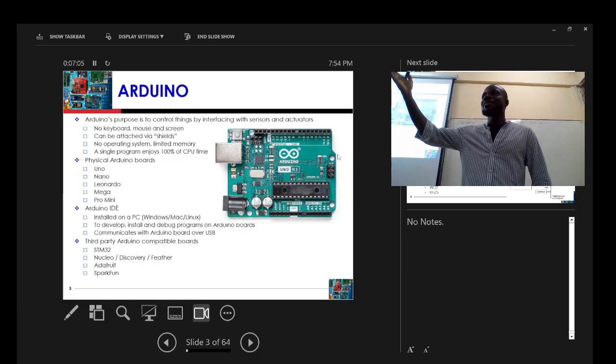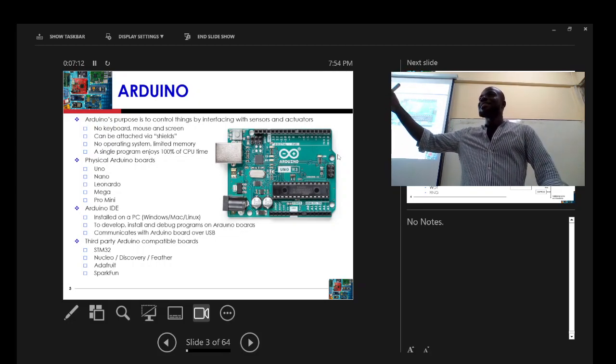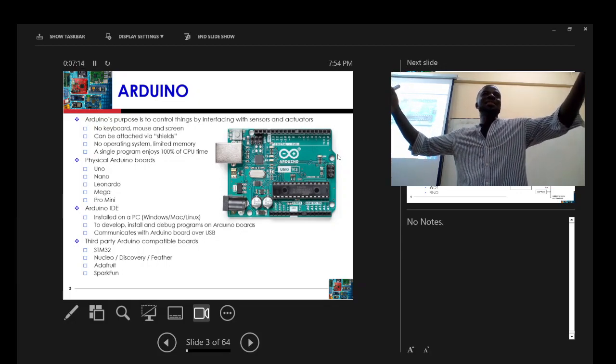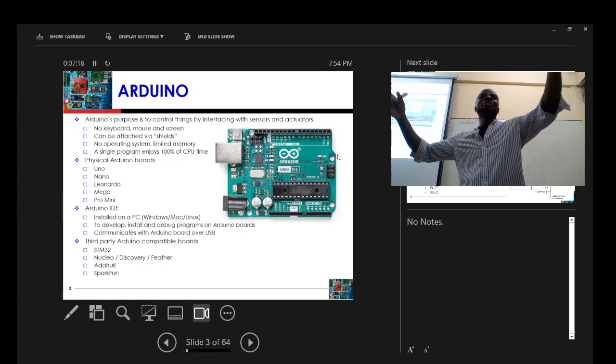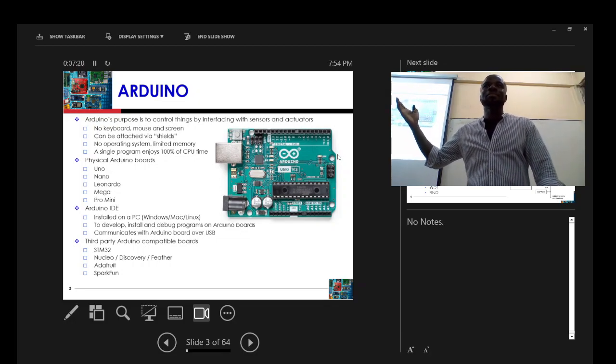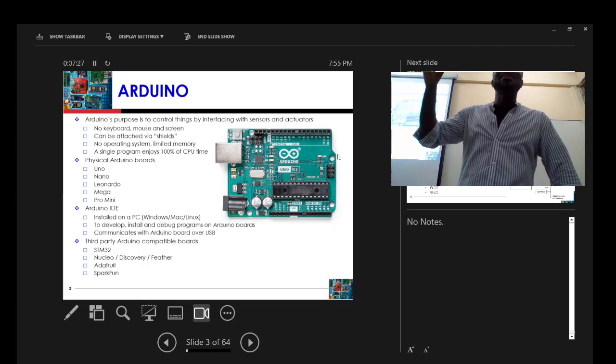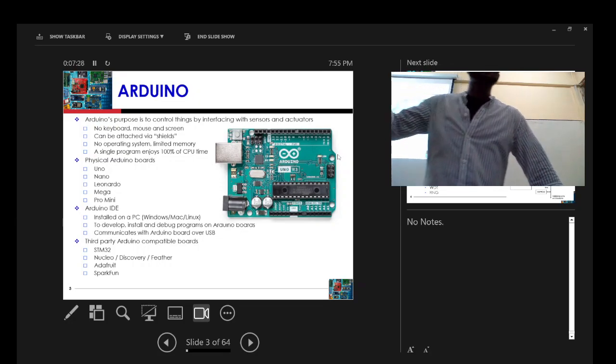Any sensors you know? You guys don't know any sensor. Sensors, Masa, an example of a sensor. So what is an actuator? You guys don't know what an actuator is. Yeah, the DC motor is an example.